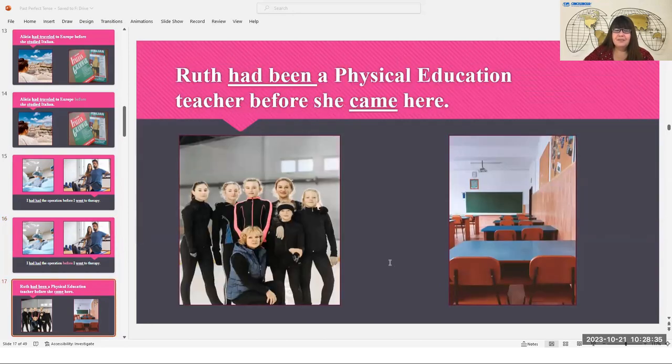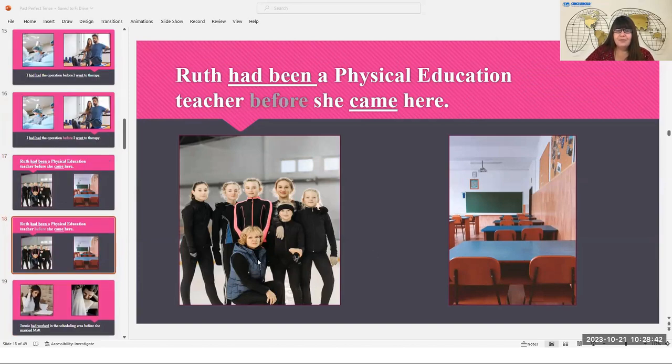Ruth had been a physical education teacher before she came here. So we see Ruth over here. This is her physical education class, working with the children. And then she stopped working there and she came to this new school. So she had been a physical education teacher before she came here to a different school.